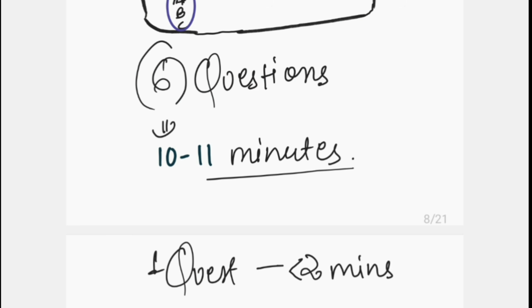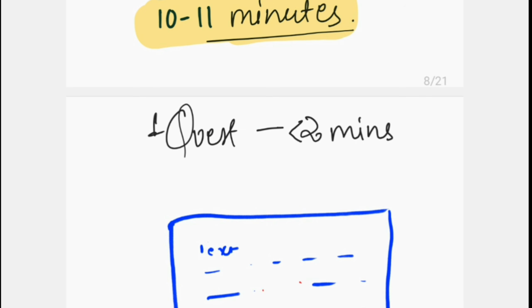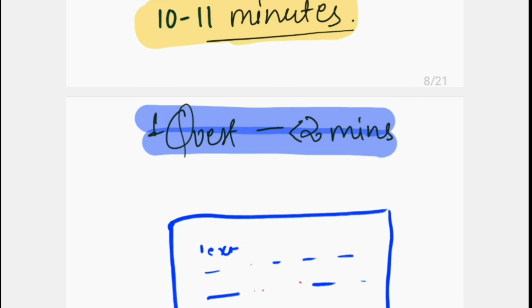Your challenge in this case is to complete these 6 questions in 10 to 11 minutes, because you have to give the rest of the time to solving Part C and also reviewing the questions that you leave after solving both Part B and C. This means that you have to give less than 2 minutes to one question.